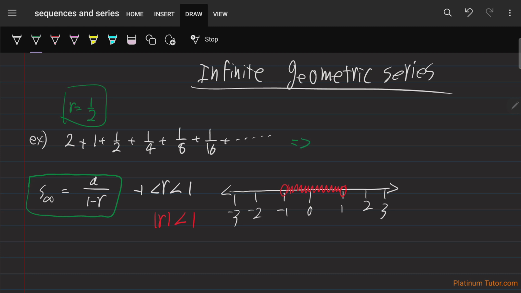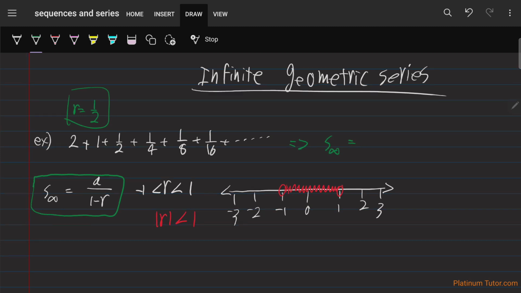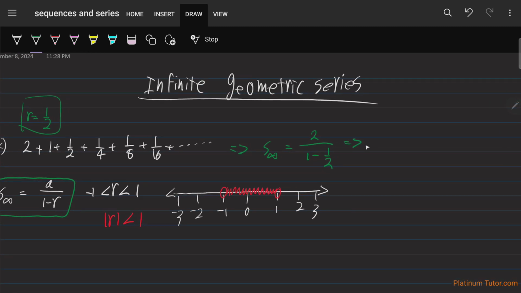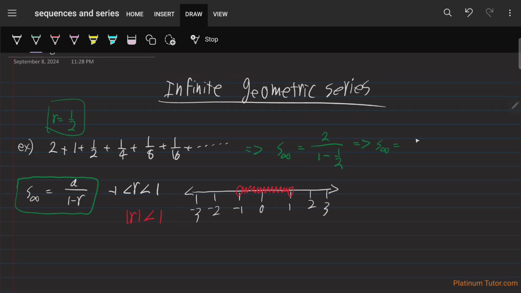So S infinity, the sum of the first infinitely many terms, is equal to A, the first term, which is 2, all over 1 minus the common ratio, 1/2. Okay, now what is this going to be equal to? Well, we get S infinity is equal to 2 over 1 minus 1/2, which is 1/2, and 2 over 1/2 is equal to 4.